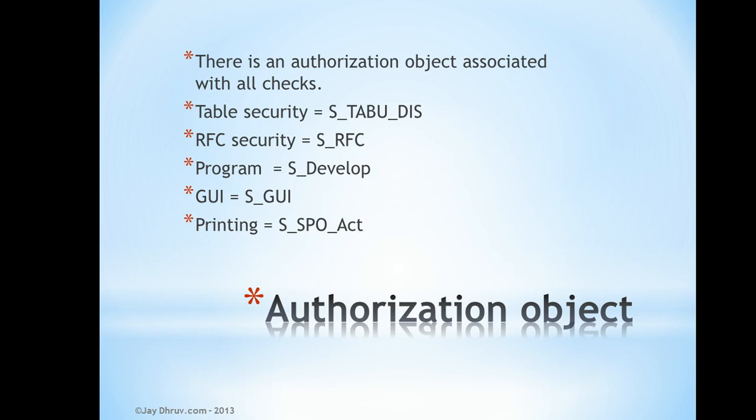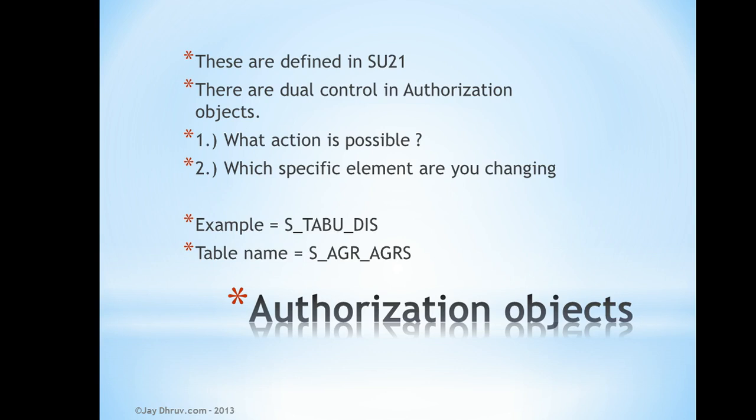There are hundreds of authorization objects, and as you continue to work in SAP security, you will come across and learn a lot about authorization objects. Authorization objects are defined in SU21, so you can also go ahead and create a custom authorization object if there is a need in your organization. They control two aspects: what action is possible and what specific element are you changing.